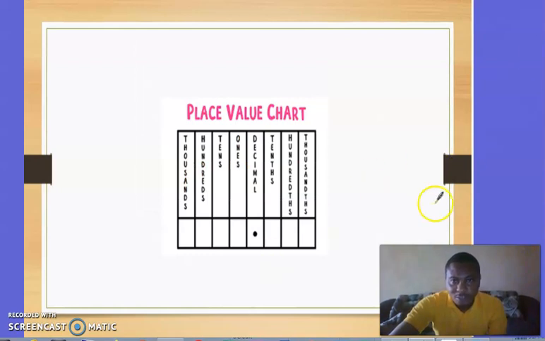This is the place value chart, just to remind us of what we are talking about. Now remember that this part is for the whole numbers, numbers that are whole, and this other part is dealing with the decimal part.